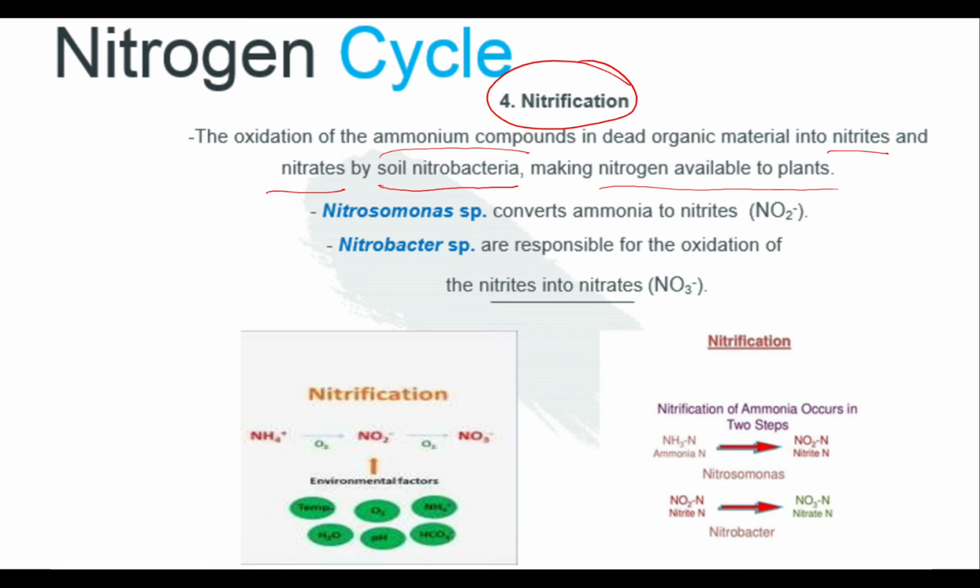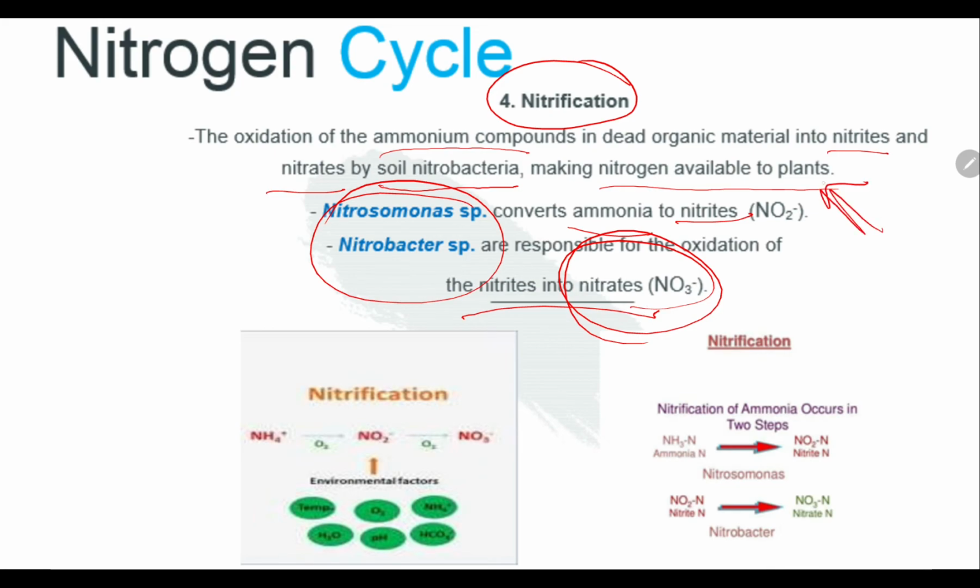So now these soil nitrobacteria help in the nitrification of the ammonium compound just now. So that they will convert from ammonia to nitrites and also from nitrites to nitrates. So now when the nitrogen is in the form of nitrate ions, then it is available to the plants. Then plants can absorb the nitrogen.